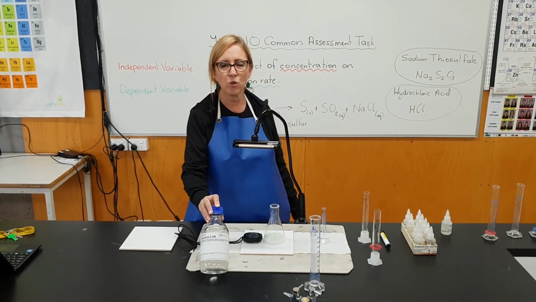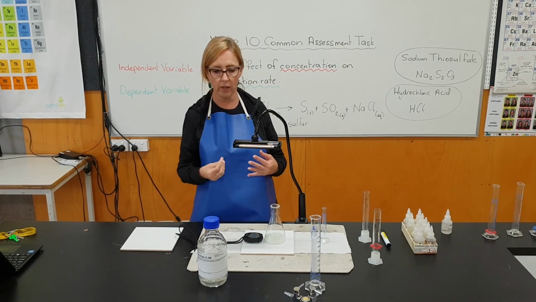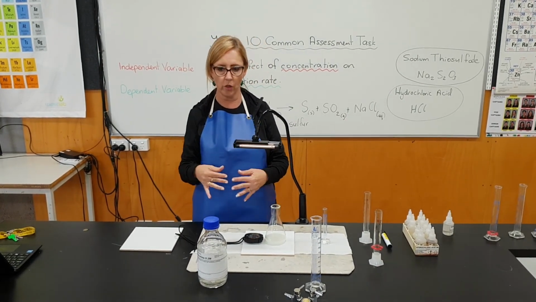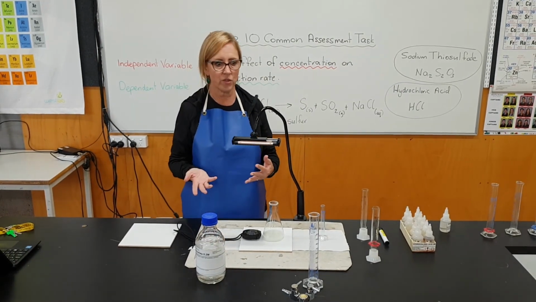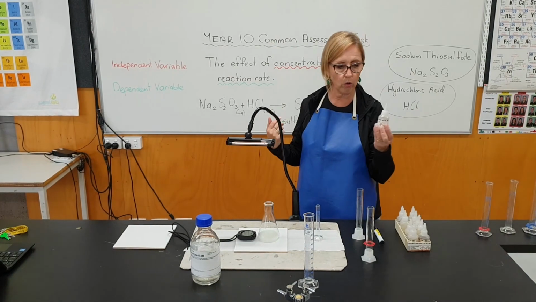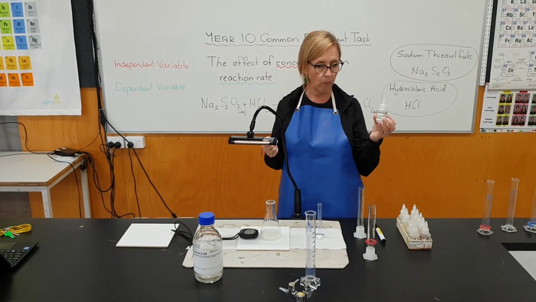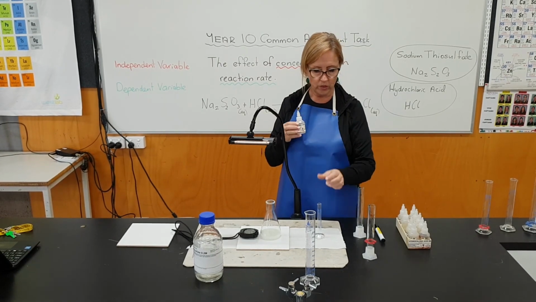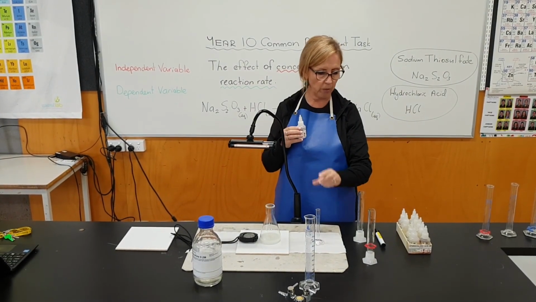It was 0.2 molar. So 0.2 molar tells us how concentrated that solution is. How many particles of sodium thiosulfate is there in that aqueous solution? Aqueous just means water. We had 2 molar of the hydrochloric acid, which we reacted with that. We always used 5 mils of it in our measuring cylinder.